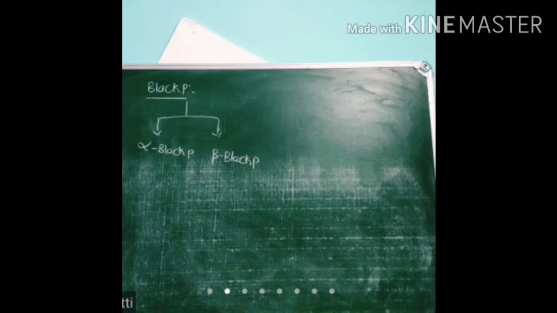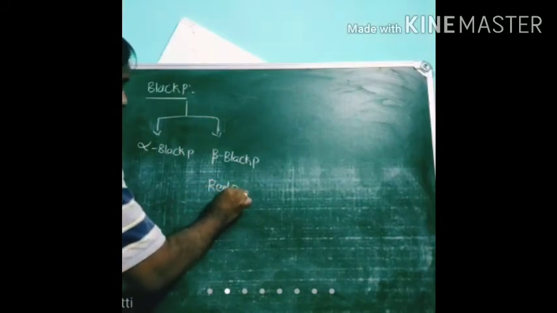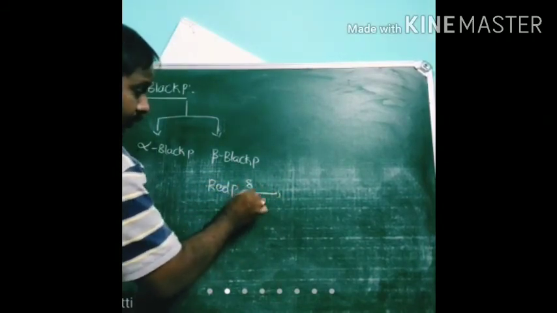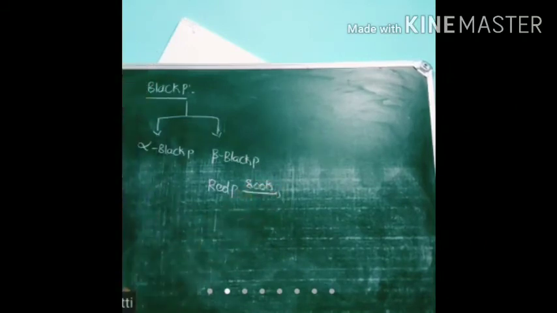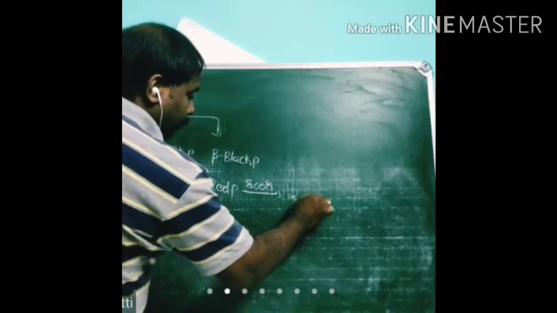Alpha black phosphorus is obtained when red phosphorus is heated to 800 kelvins.